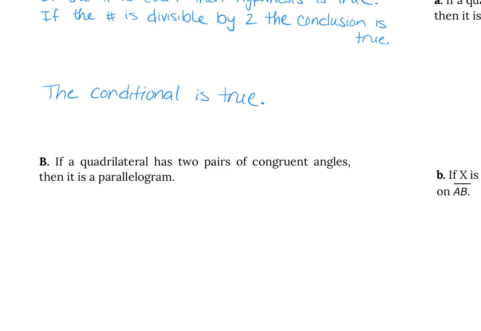Our hypothesis, if a quadrilateral has 2 pairs of congruent angles, that's my P. We're assuming that our quadrilateral has two congruent angles.